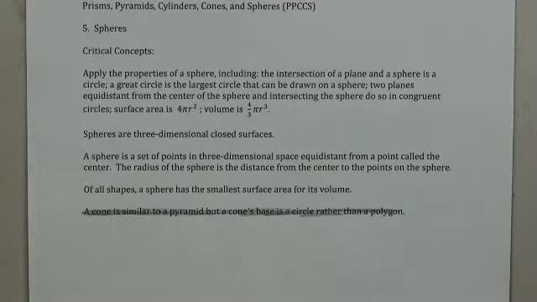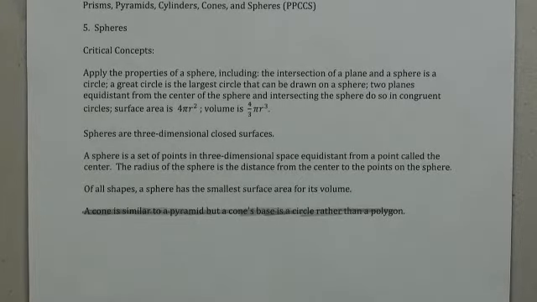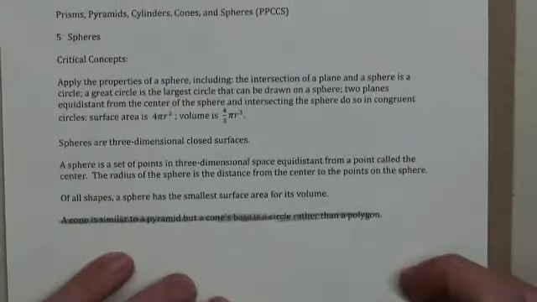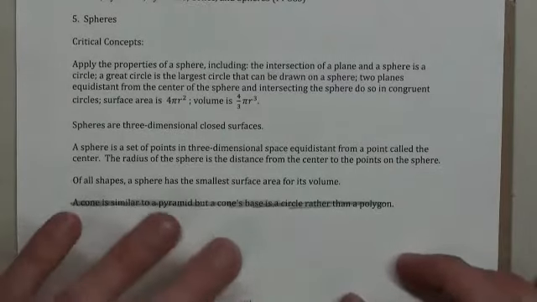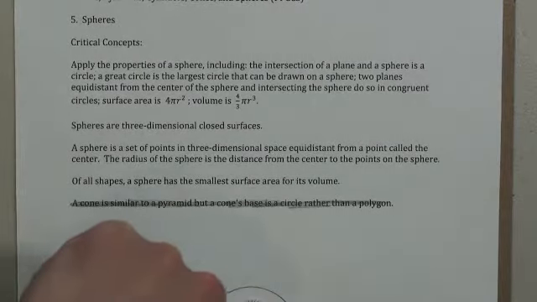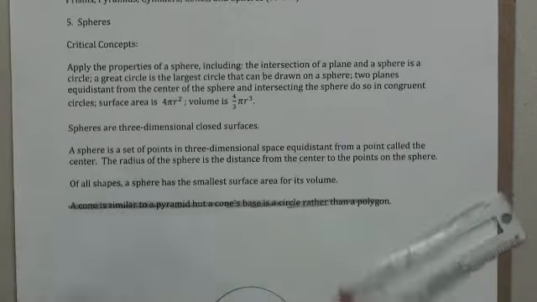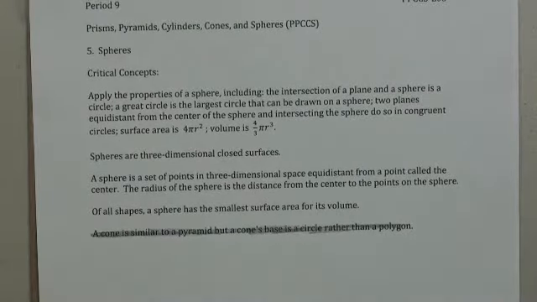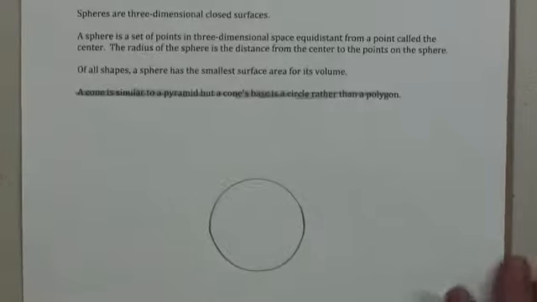Let's draw a sphere. This is typically the way that spheres are drawn. You start off with a circle, like that. And then this looks like just a circle.